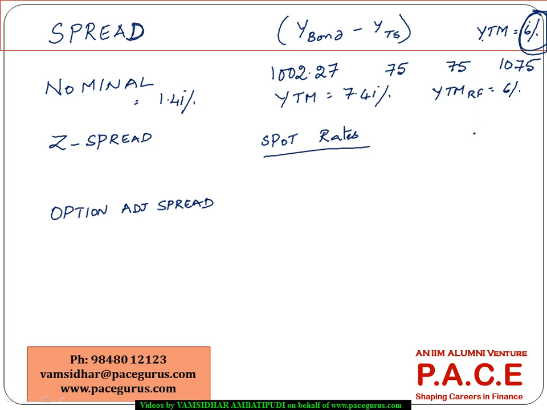Probably I may focus more on, for the time being, let me take 6% only as the spot rate for all the periods. Just to demonstrate it, the spot rate for all the 3 years, let me assume it as 6% only, the treasury spot rate.